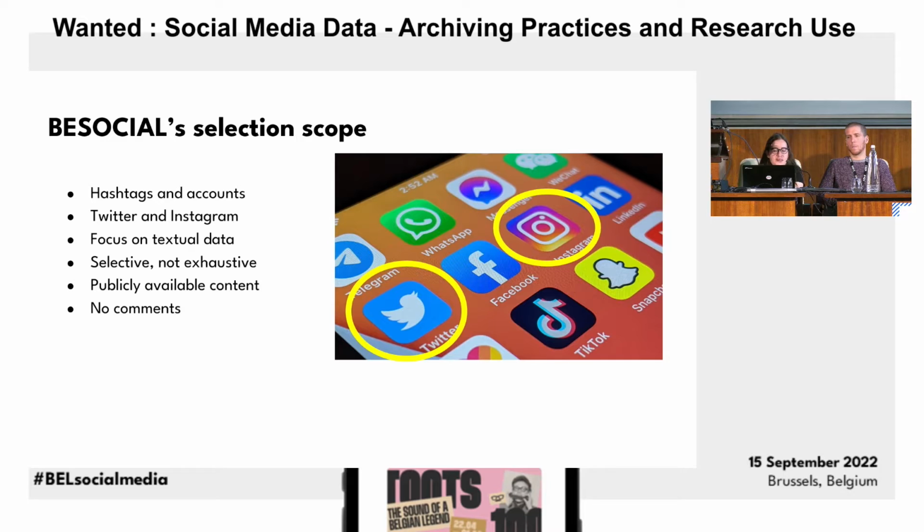The focus in BESOCIAL is on getting content, so textual data, and we try to be as representative and transparent as possible. However, our selection is done selectively, and we only collect publicly accessible data. Direct messages from Instagram, for example, are not collected. And the subject of the BESOCIAL scope is very broad, namely Belgian cultural heritage.